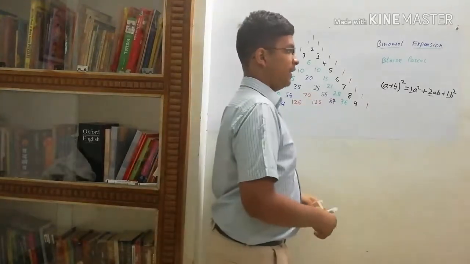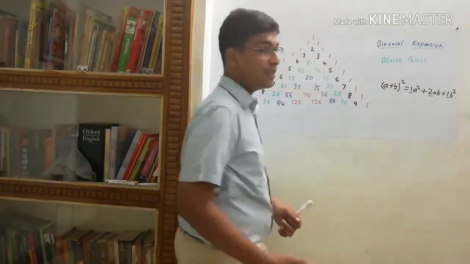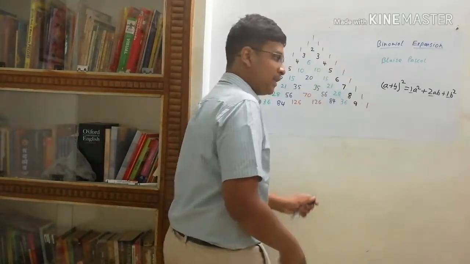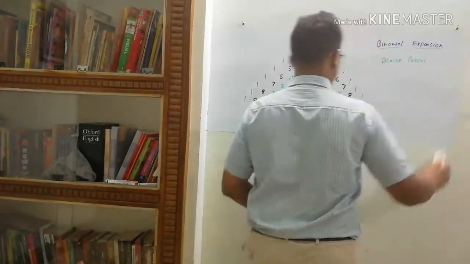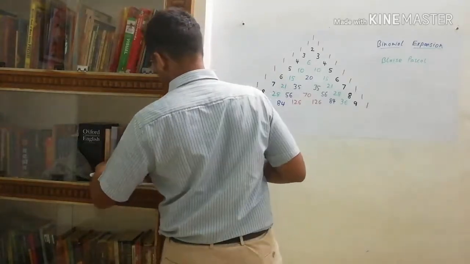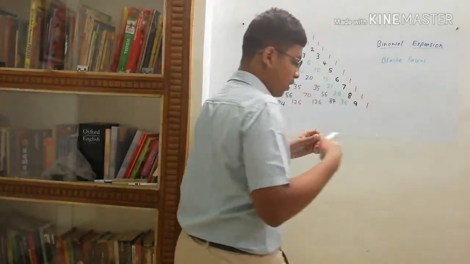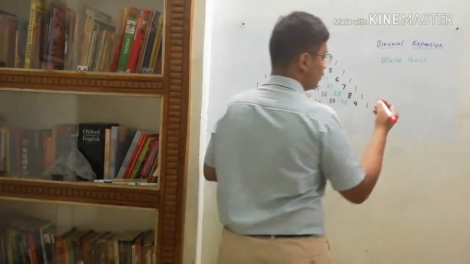So you might think this is a coincidence, but people say that once it can be wrong, twice it can be wrong, but three times it's always correct. Okay, that's not how we deal with mathematics. Let's see one more, the next row.